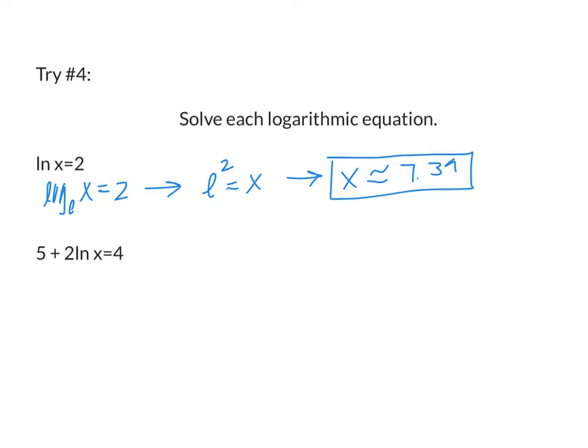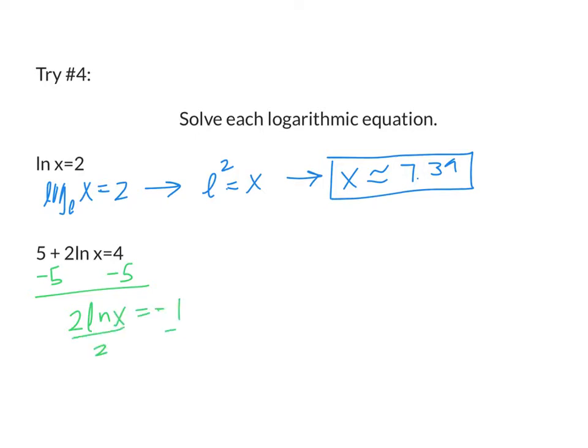All right, again, on the second one, I just want a single log. If I can get a single log, then I can switch it to exponential, and then we'll be fine. If I subtract 5 on both sides, I'm left with 2 times the natural log of x equal to negative 1.